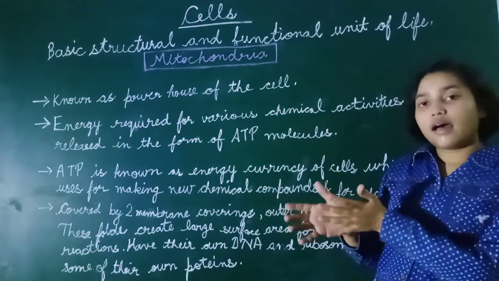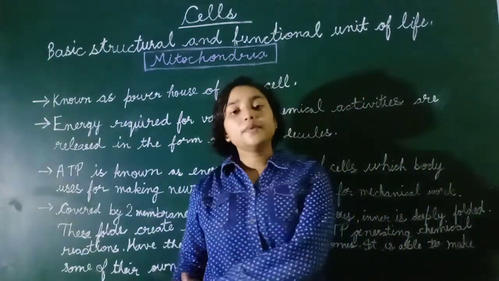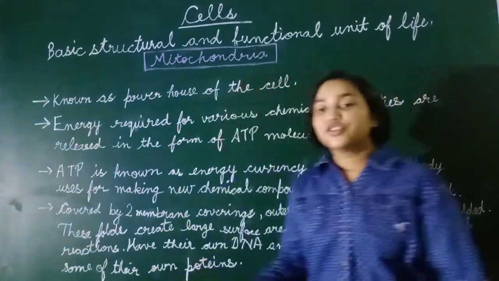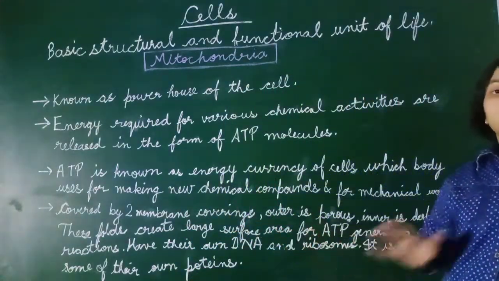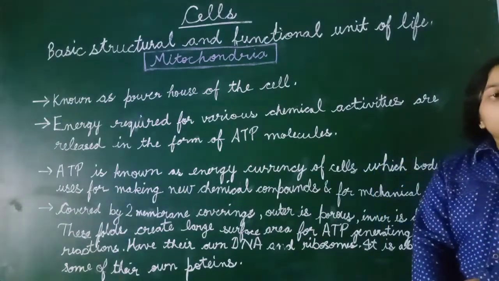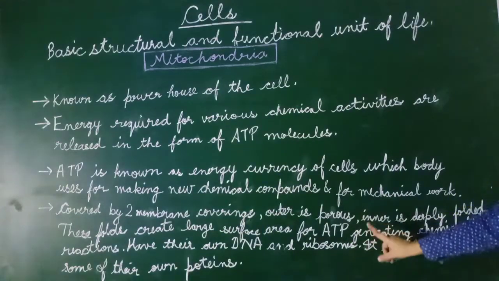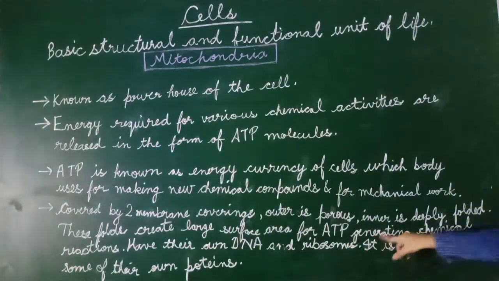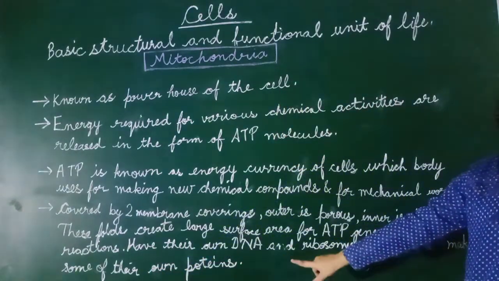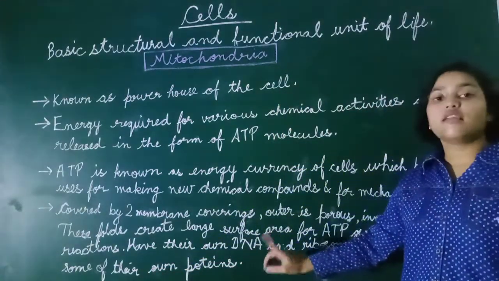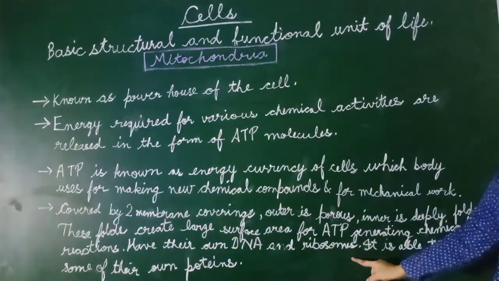These inner foldings, or deep folds, help the membrane create a large surface area, which helps in ATP-generating chemical reactions. Mitochondria have their own DNA, deoxyribonucleic acid, and ribosomes.